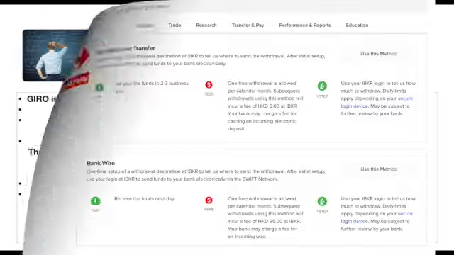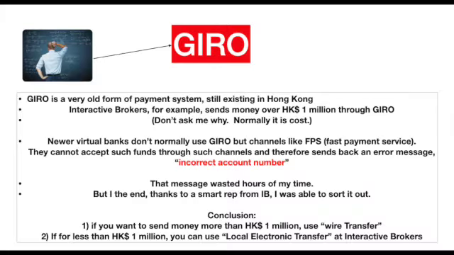So what happens is that when your transfer amount is over 1 million Hong Kong dollars, Interactive Brokers uses a funds transfer method called GIRO, G-I-R-O. That's a very old technology, probably started back in the 1950s or so. And some of the banks in Hong Kong are still using that old technology, including Interactive Brokers.